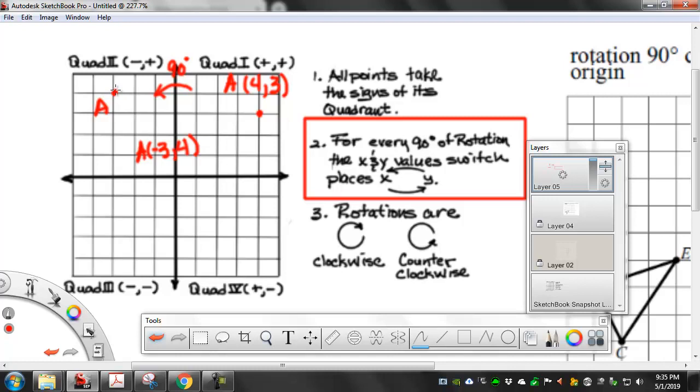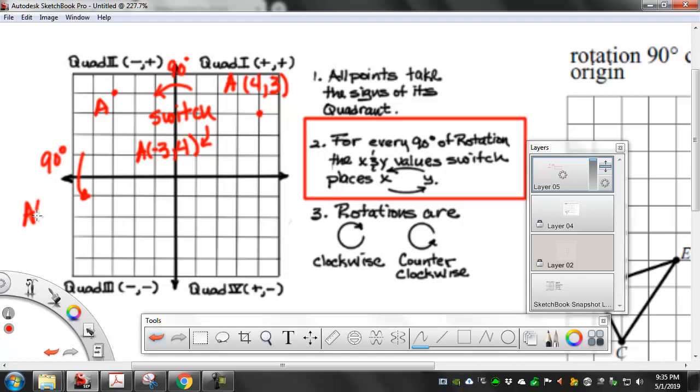Okay, let's say that we're going to take it from quadrant 2 and we're going to move it to quadrant 3. So remember, every 90 degrees what happens is it switches. So now that negative 3 and 4, the 3 and 4 will switch places. That means our new point is going to move 90 degrees. 4 will become the x, 3 will become the y.